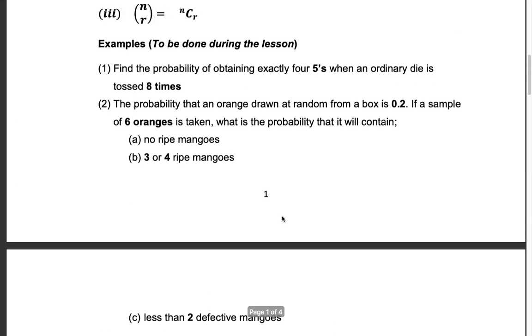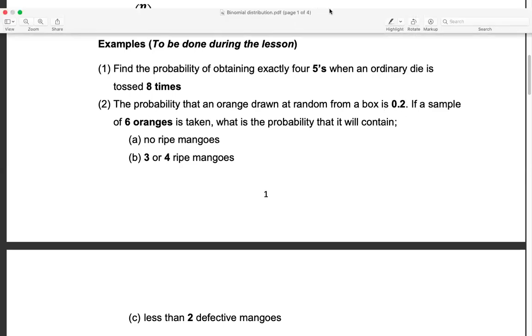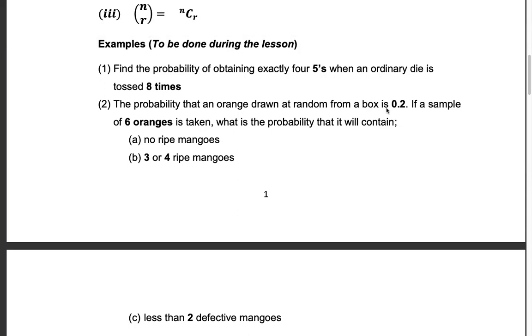Yes. I made a correction on number 2. I think I picked the old document. I missed out the word ripe here. I don't know if those who picked the old document corrected it.